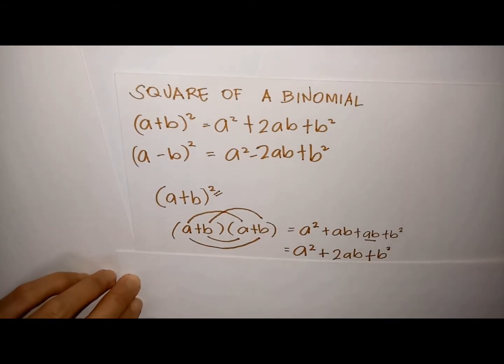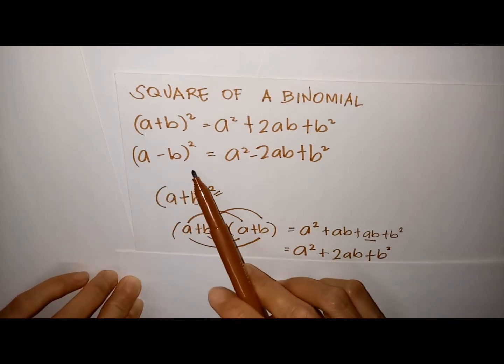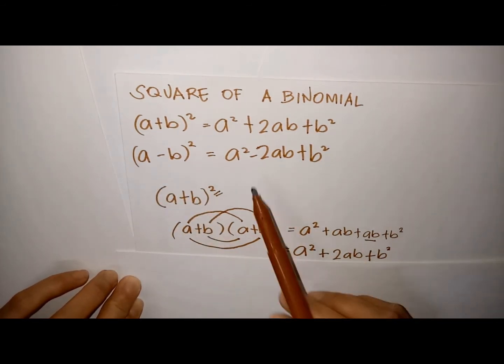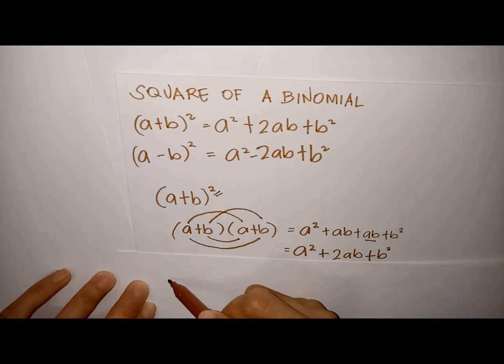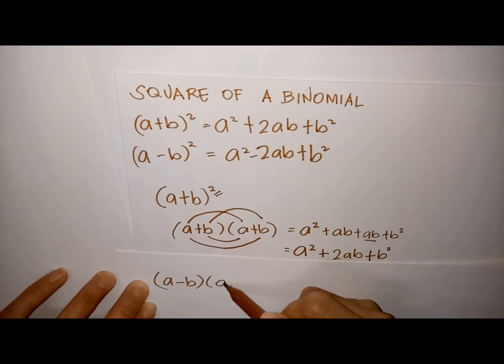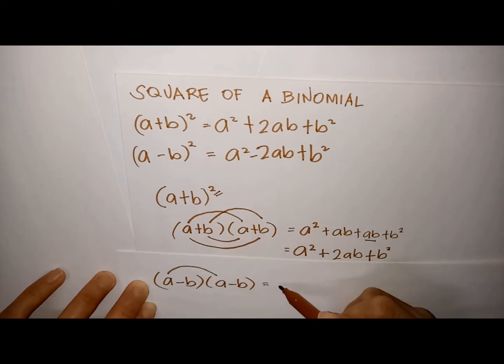So let us try to solve for this one if we will get the same answer as this one using FOIL method. So let us have a minus b times the quantity a minus b. So let us multiply the first terms. We have a times a is equal to a squared. Then we have outer times the outer.